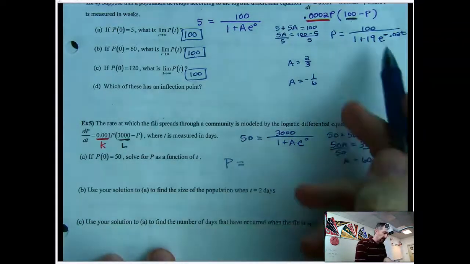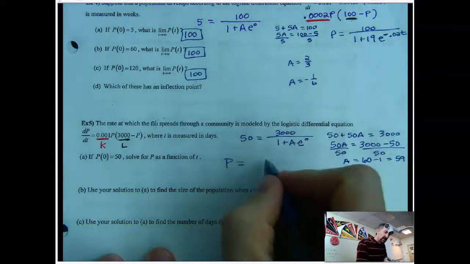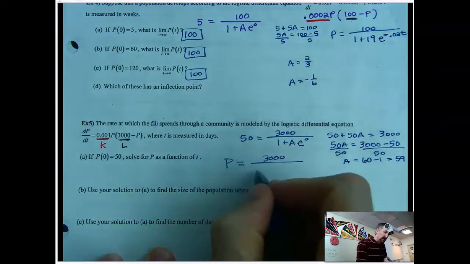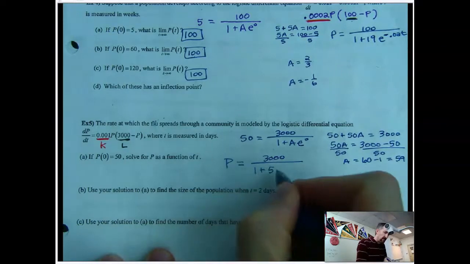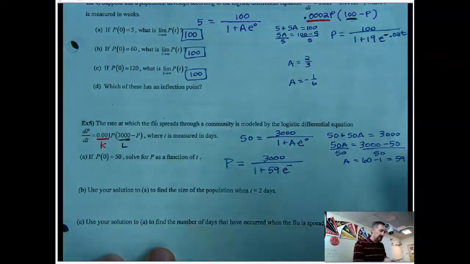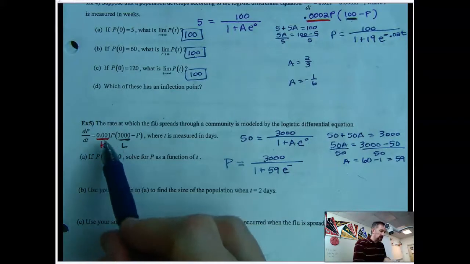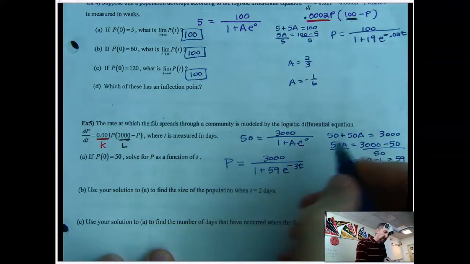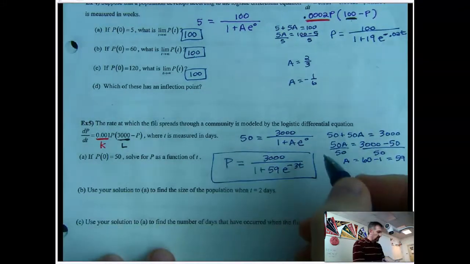Alright? So solve for P as a function of T. That's what we did up here. So L is 3,000 and A is 59, and K times L is going to be, that's 1 over 1,000, so that's 3. So that's going to be negative 3T. Alright?